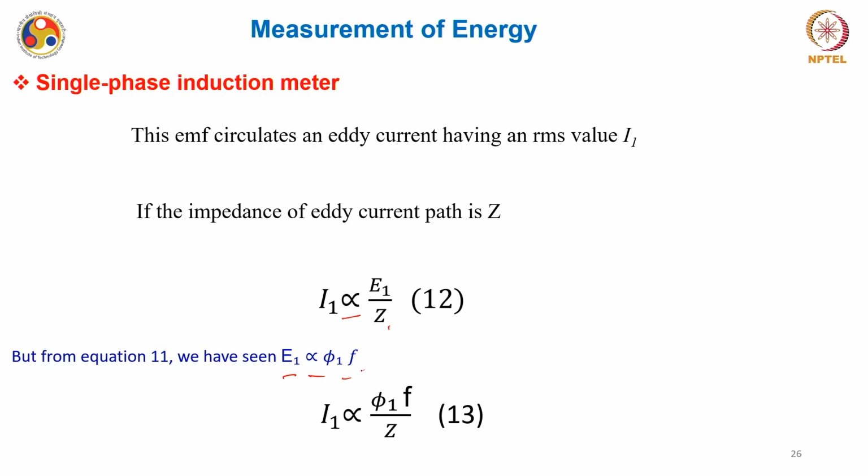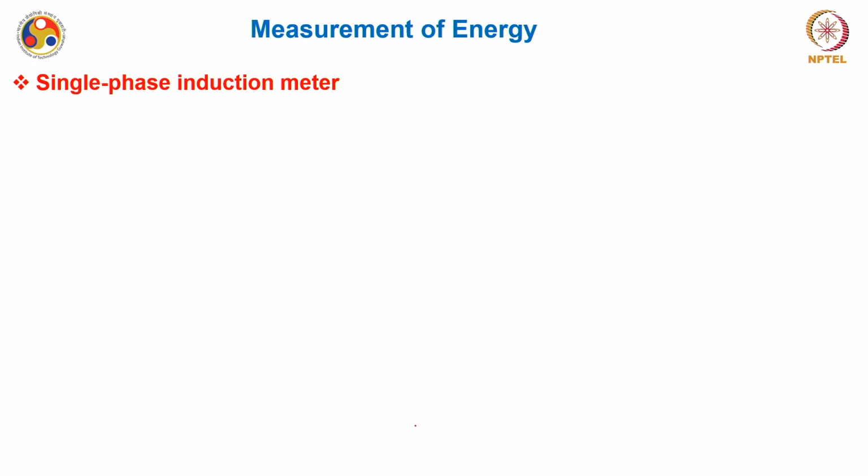Now I can replace E1 by this value from equation 11, and I1 can be given as phi 1 into f by Z. This equation is very, very important. The eddy current having RMS value I1 is directly proportional to phi 1 f by Z.